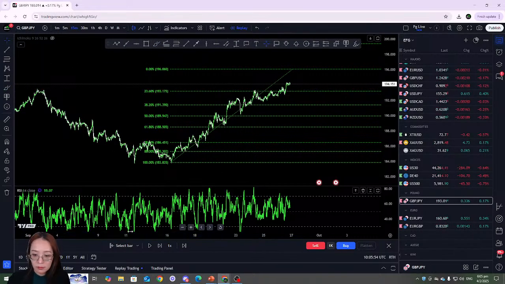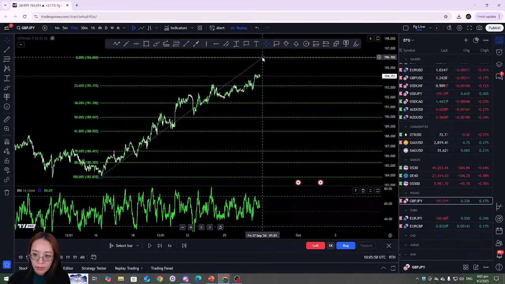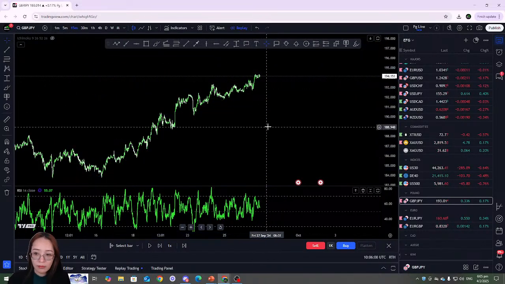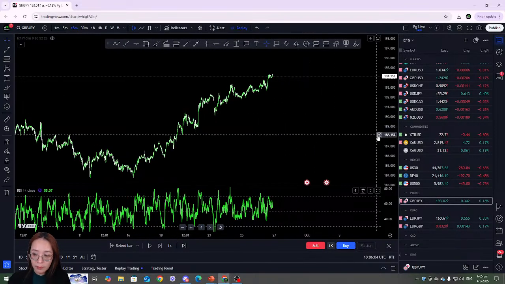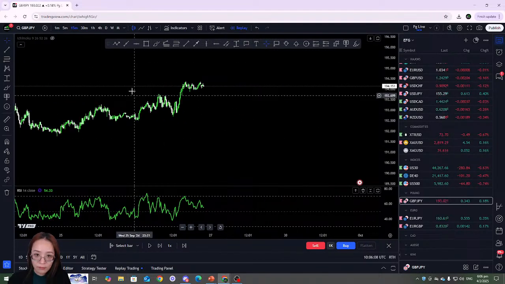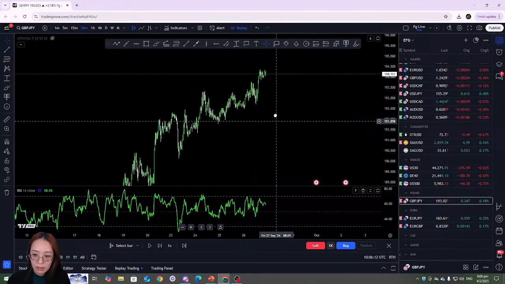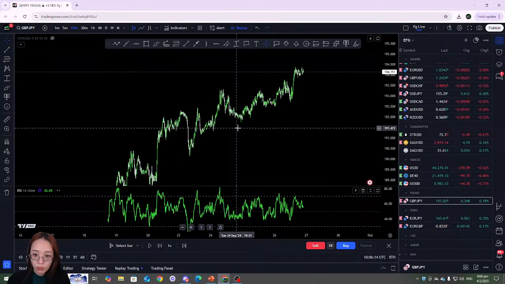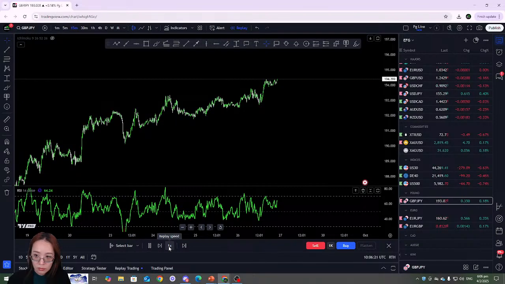I'm going to remove that first. Now what you see here, you cannot draw a Fibonacci retracement. Why? Because you can see that price is still rising, so you really cannot find the ending point yet for the M15 or even M30. So what you need to do is wait for price to make a new high first.